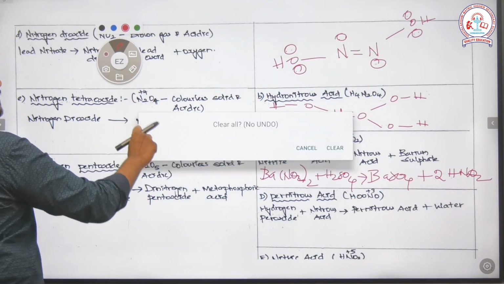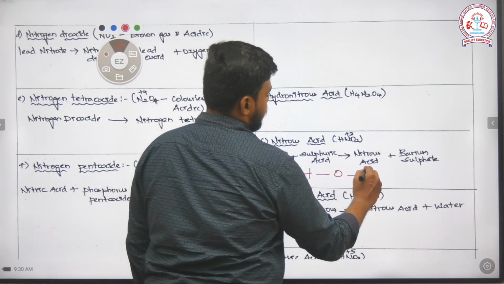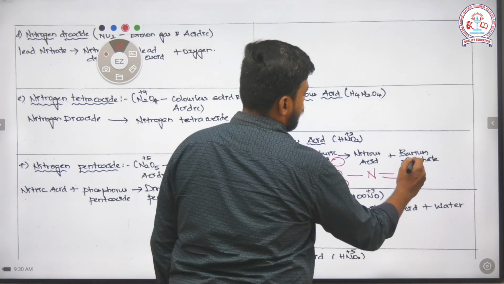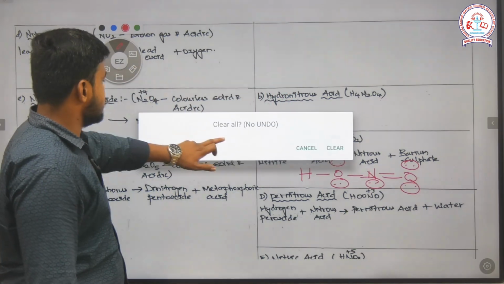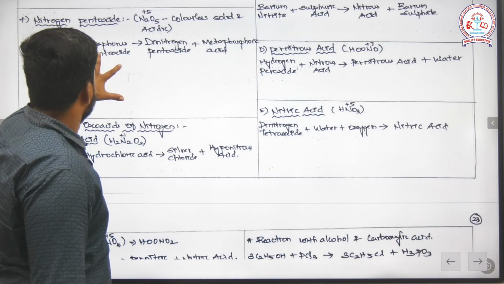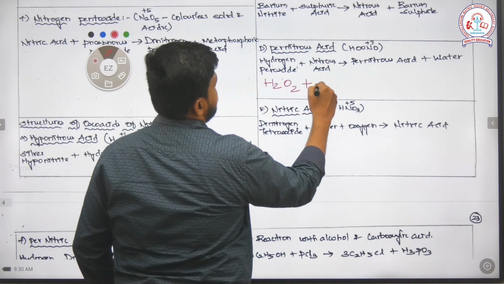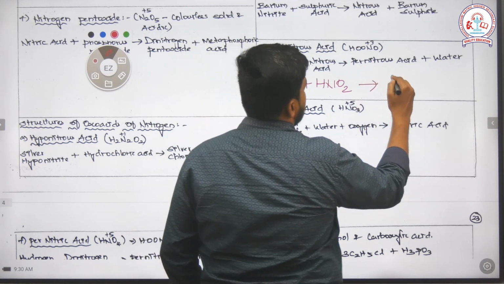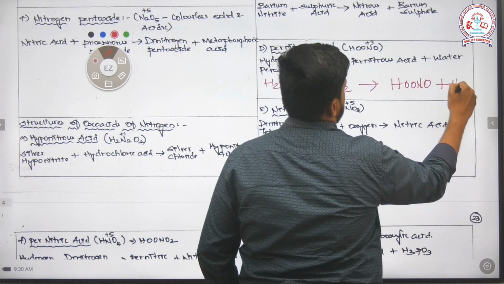The structure of nitrous acid is HON double bond O, with 2 lone pairs, 2 lone pairs, 1 lone pair. So this is the structure of nitrous acid. The next one, pernitrous acid. Hydrogen peroxide H2O2 reacts with nitrous acid HNO2 to give pernitrous acid, which is HOONO, plus H2O.